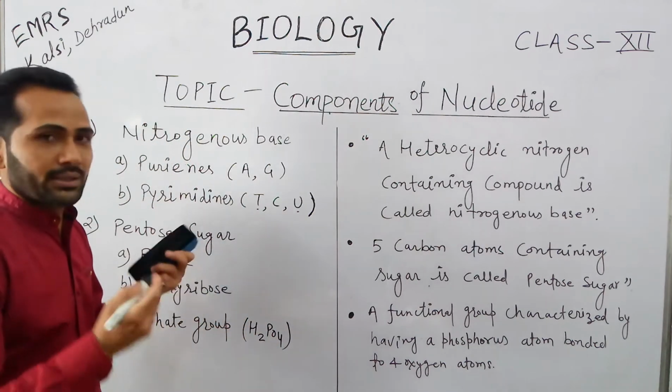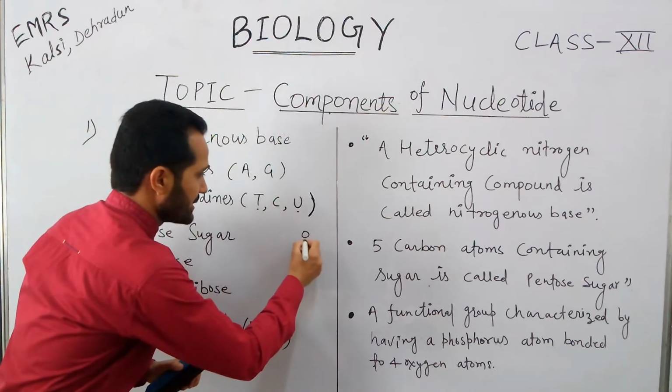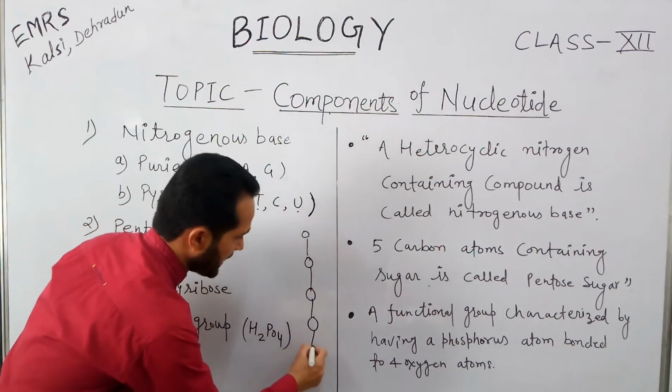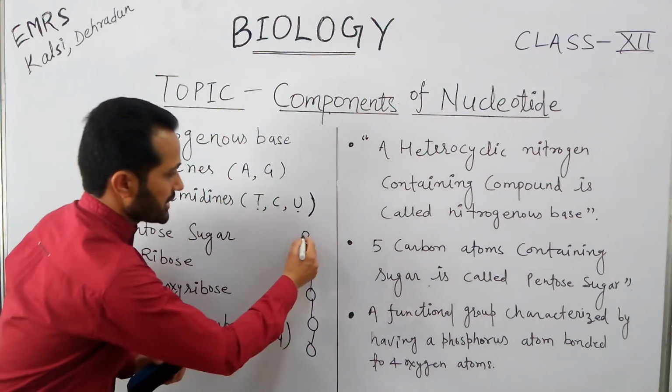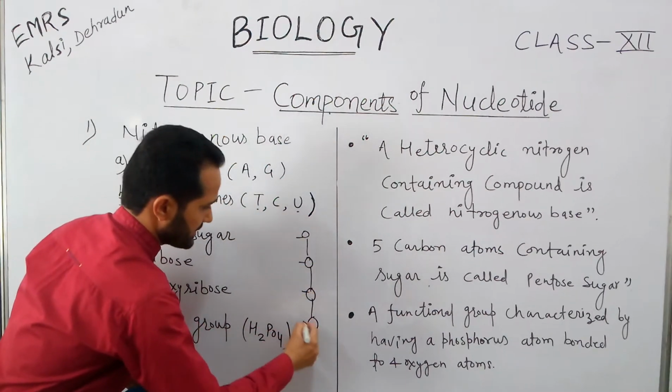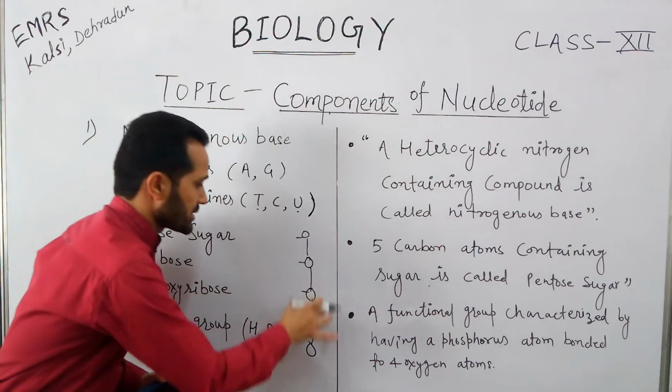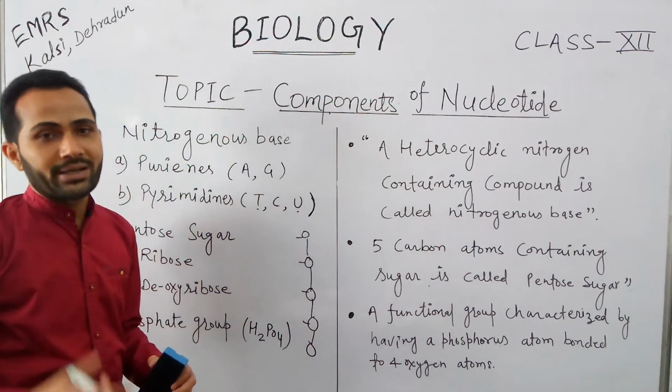If we assume that this is DNA or RNA, because both are polynucleotide structures, these are the nucleotides, and when these nucleotides connect with each other, this structure is called a polynucleotide structure.